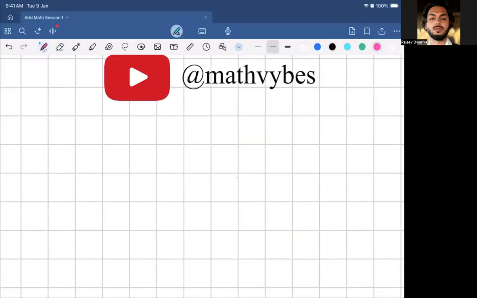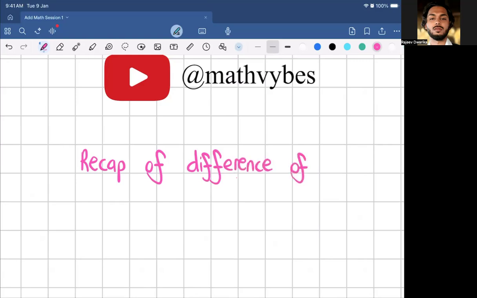All right, a recap of difference of squares. Sheena, do you know what difference of two squares is? Yeah or no?